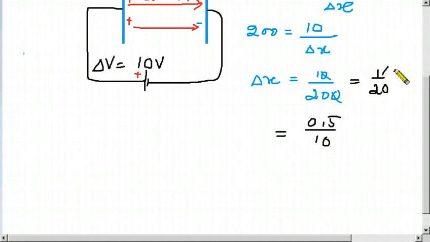So you can divide by 2, denominator and numerator both, then we get 0.05 meter, that means 5 centimeter.